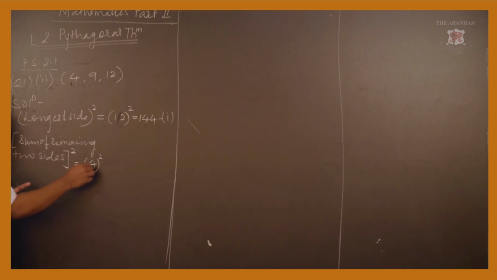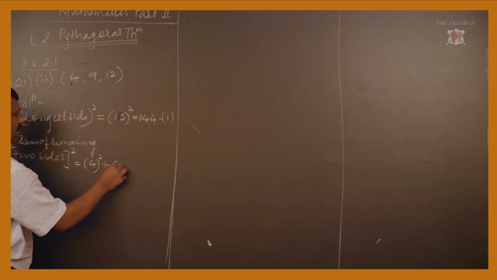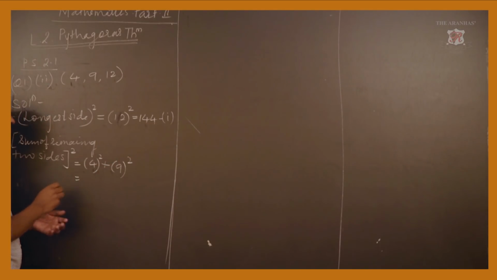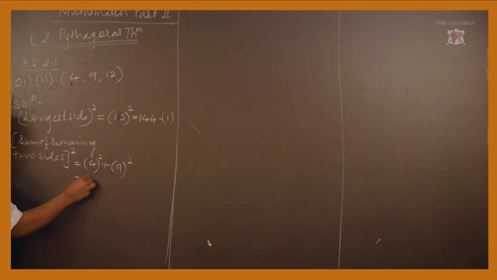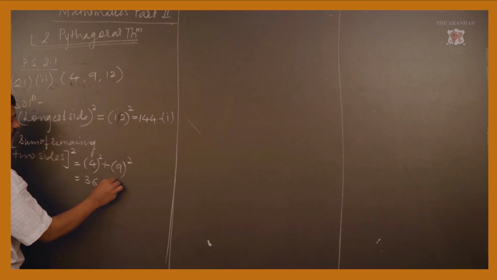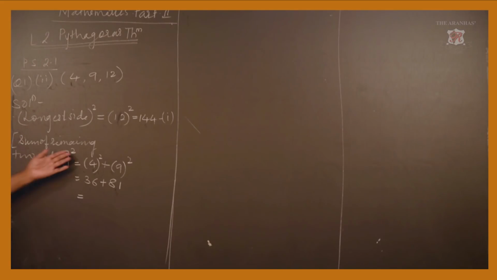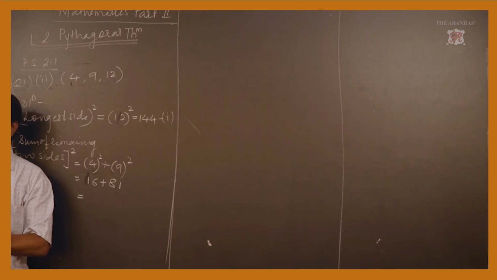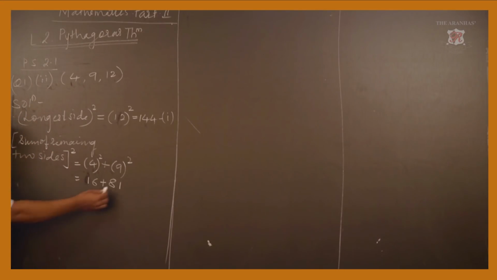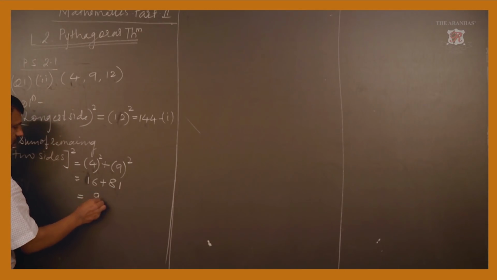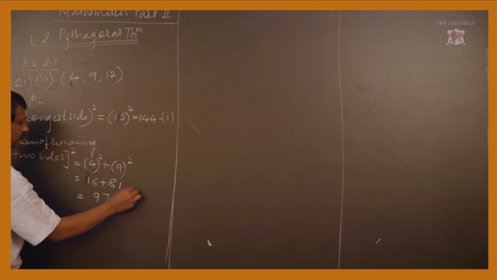So first, 4 square plus 9 square. Now just simplify. 4 4s are 16, and 9 9s are 81. Then add them: 6 plus 1 is 7, and 8 plus 1 is 9. So here we get 97, this is the second value.